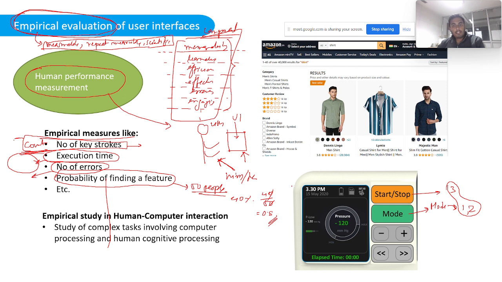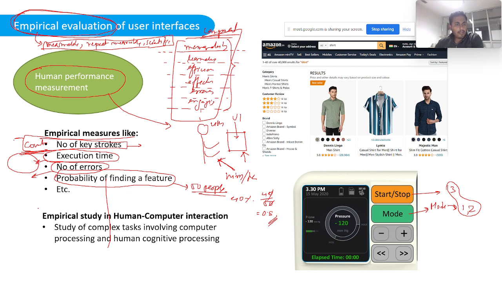So 0.8 is the probability of finding the particular feature. These are the ways you can empirically measure a particular feature in a user interface. There are different ways we can measure.